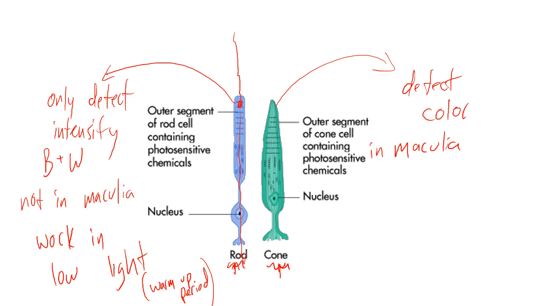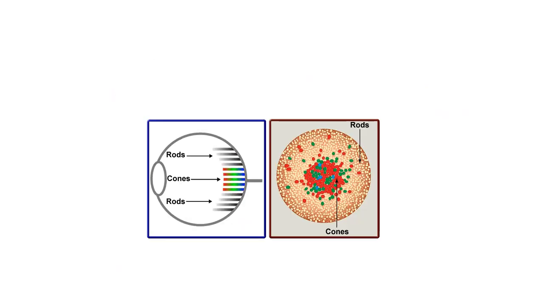Alright, so here are your rods and your cones. That's how they work. This shows how your rods are around the outsides and your cones are in the middle. Another way you can do this is at night you can see things better in your peripheral vision. Let's say you're trying to look at the address across the street.